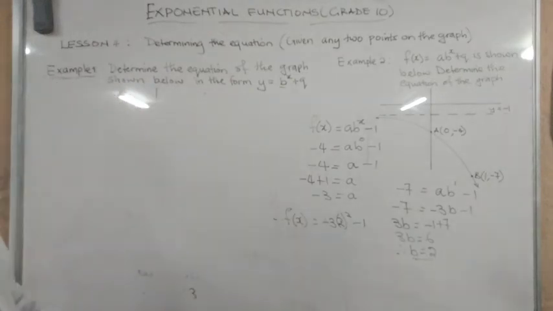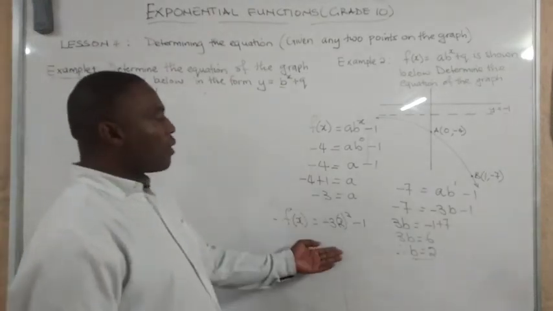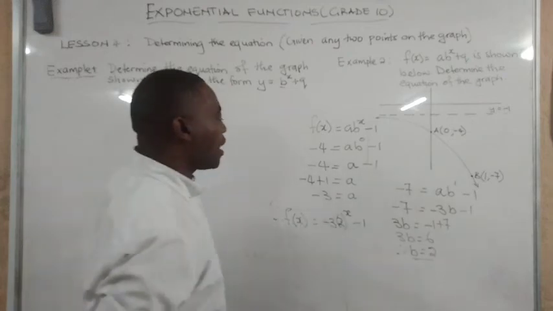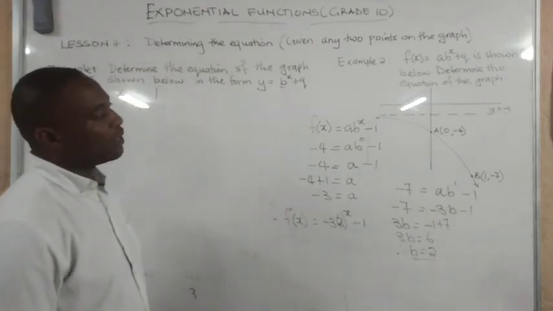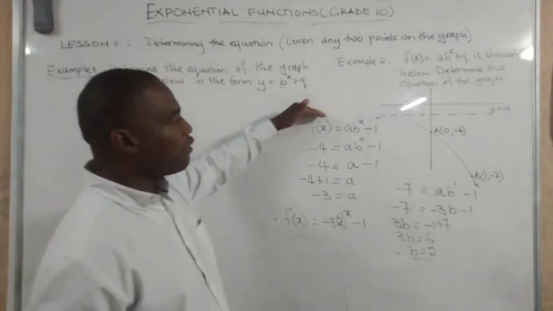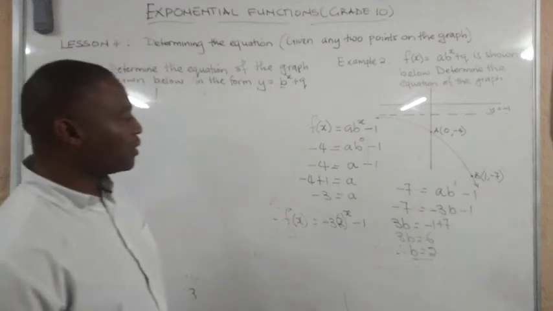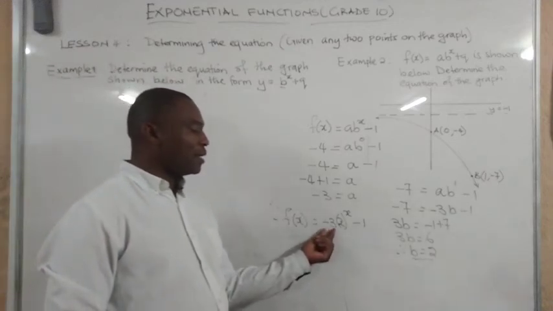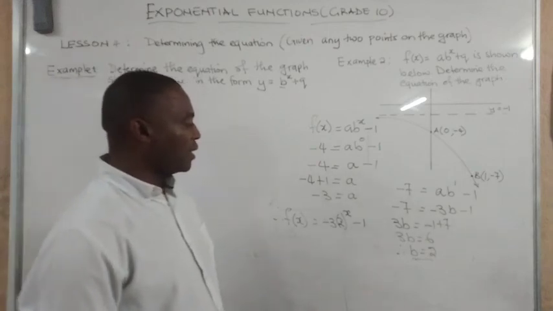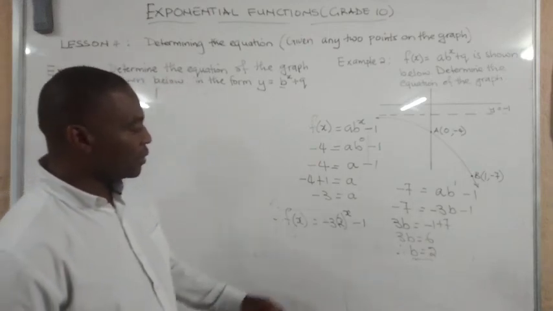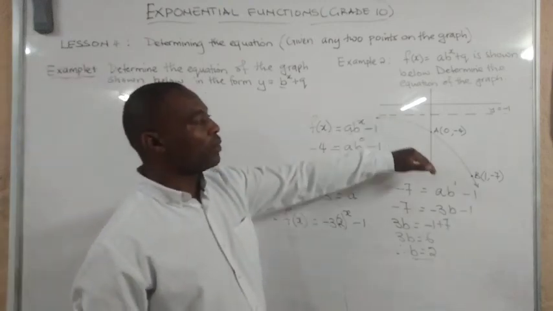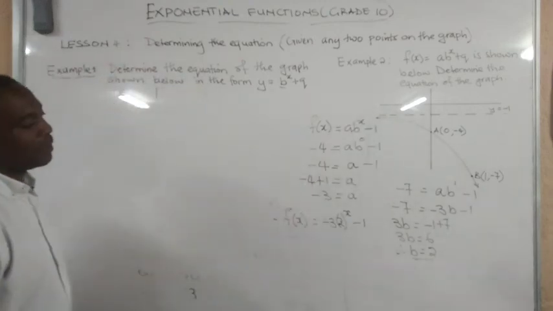And just to check if our answer goes with the graph, the asymptote is below, the graph is a decreasing function, that means a is less than 0 and b is greater than 0. So basically it's greater than 1. Basically this goes with the shape that we have been given.